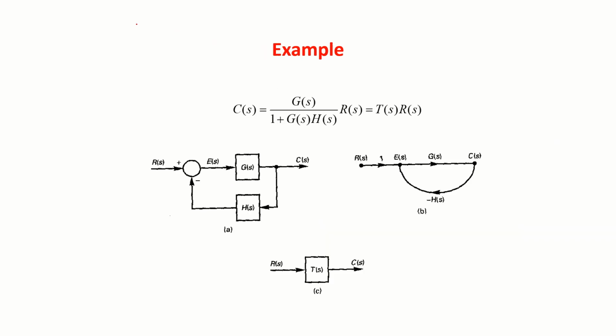So suppose, let us say we have a simple control system like this. Here, as I mentioned, this is a reference signal, error signal, controlled variable. Of course, you can have feedback signal here.